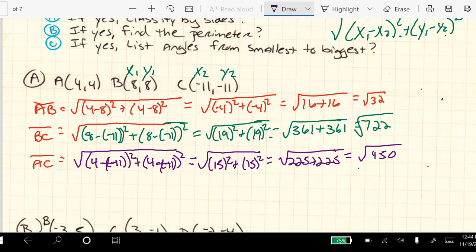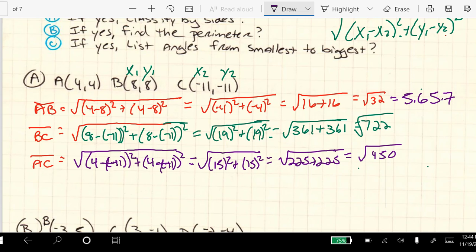All right, so I'm just going to get a roundabout decimal answer just so we can see what's going to happen here. I want to be a little bit more exact, so unlike normal where I would just go one decimal place, I'm going to go 2 or 3 decimal places here. So the square root of 32 is going to be 5.657.